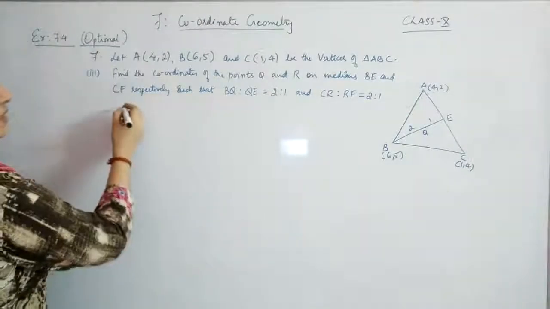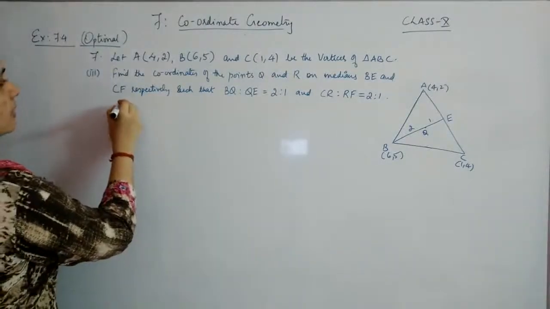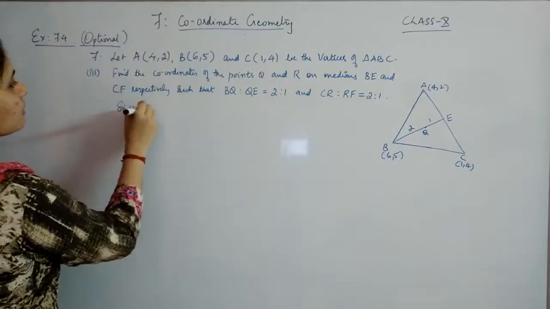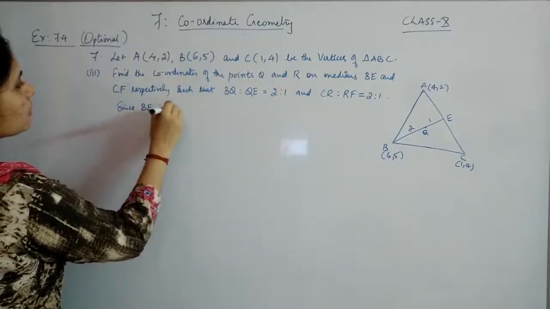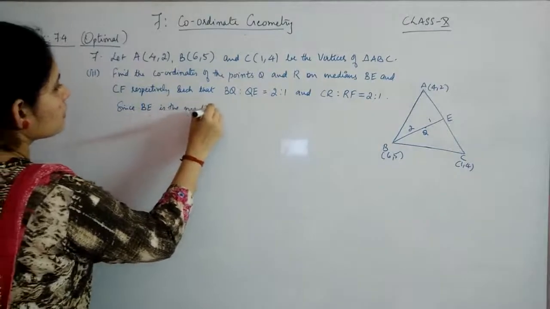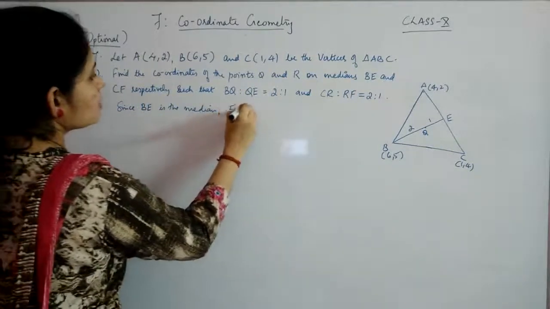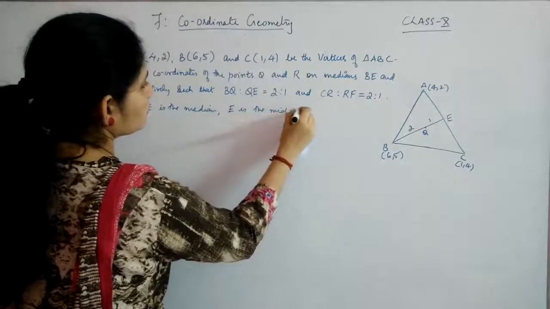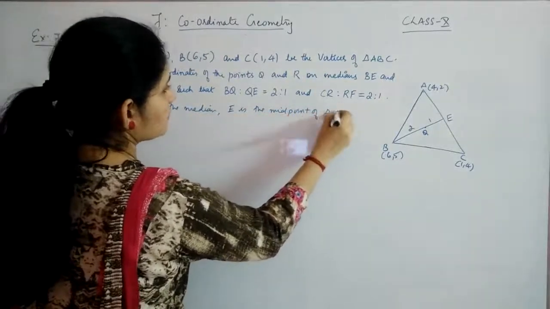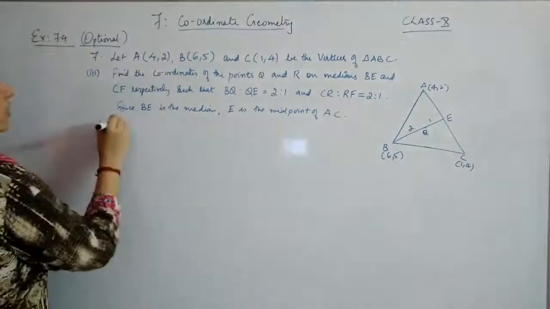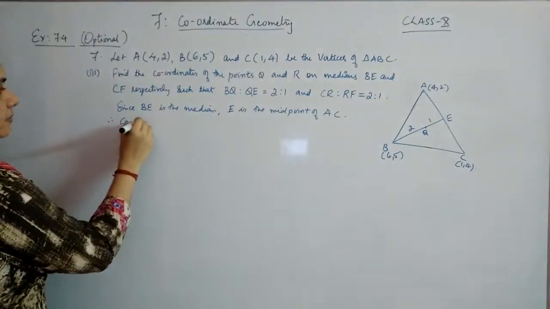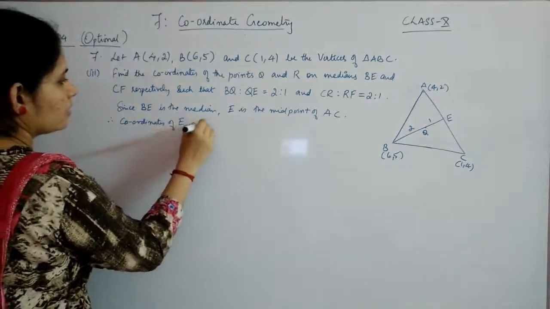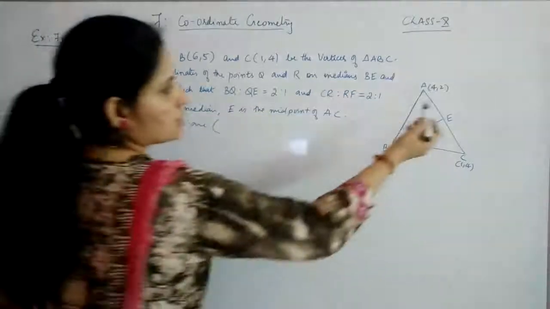Okay, so first we are taking, let BE be the median. That means since BE is the median, E is the midpoint of AC. Therefore, the coordinates of E are, what you will get, AC.